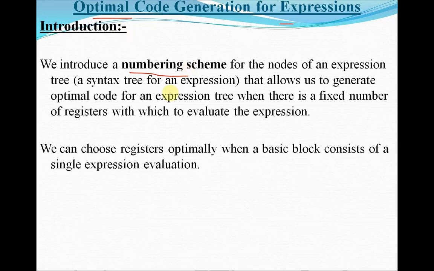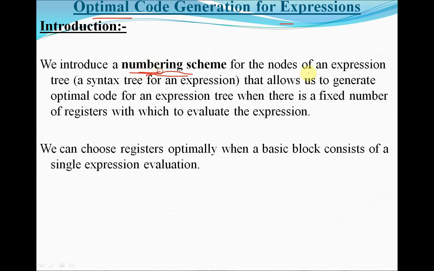So this concept depends on the numbering scheme called the Ershov numbering scheme. So come to the concept. Here we introduce a numbering scheme for all nodes of an expression tree that allows us to generate optimal code for an expression tree when there is a fixed number of registers with which to evaluate the expression.